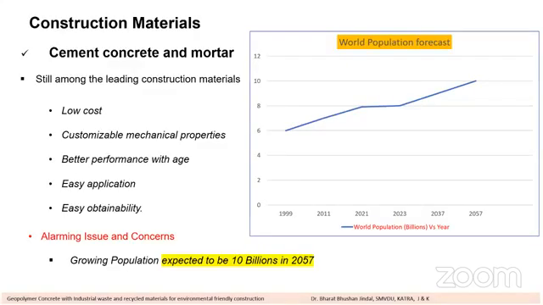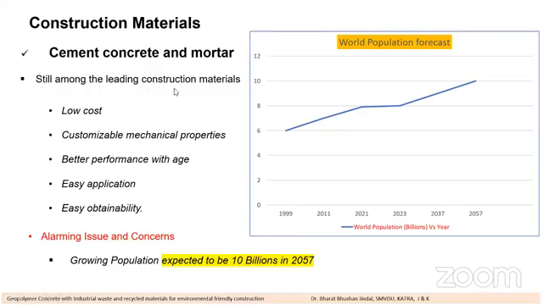So let us first discuss what the concern is and why we are talking about this. When we talk about construction material, conventionally we utilize cement, concrete, and cement mortar.